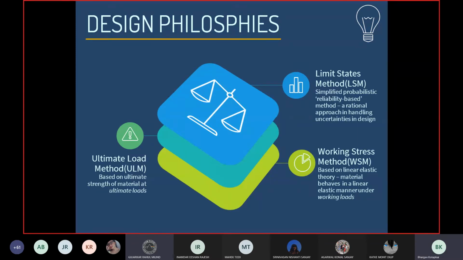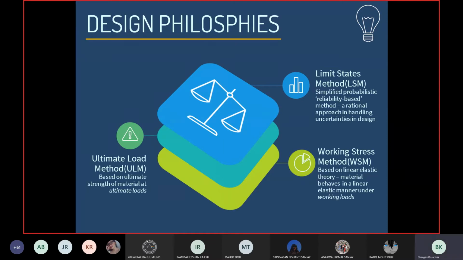Okay, so this is a very general example of the differences between working stress, ultimate load, and limit state method. The working stress method is like purchasing a new bike and then, instead of sitting on it and riding, you just ride it by walking alongside it. Do you understand what I mean? It is like riding the bike when it is punctured. The ultimate load method is like purchasing a new bike and riding it for its entire lifetime without servicing it.